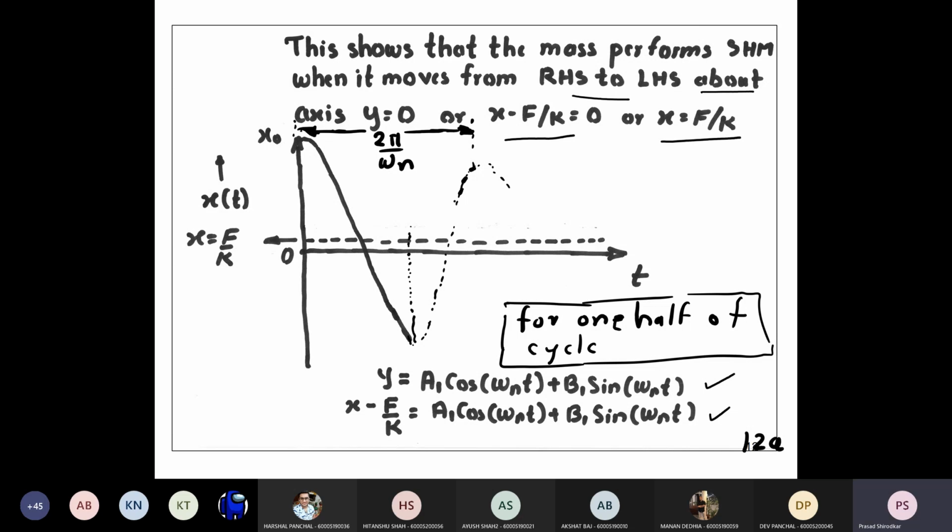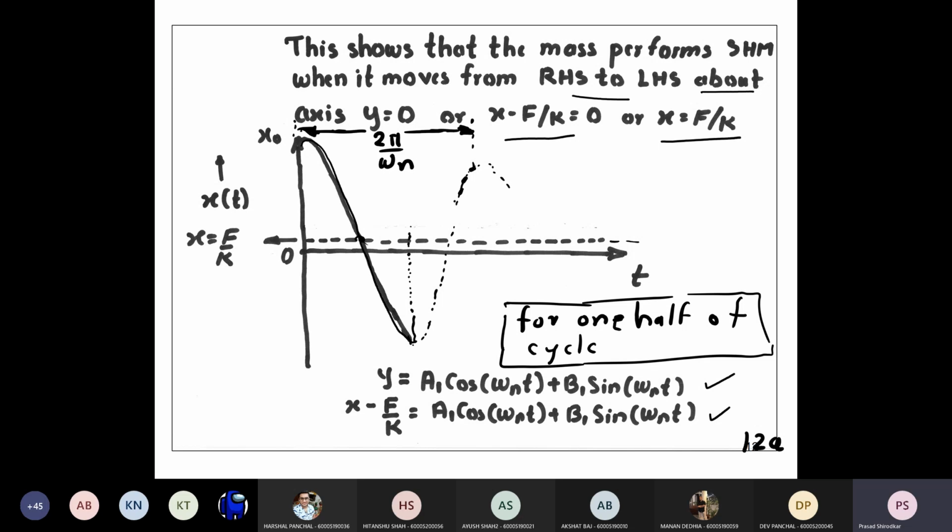But due to the presence of friction, for one half of the cycle, the axis has now shifted to x equal to F by k. So about this dotted line, this one half of the cycle is performing simple harmonic motion. It means this part and this part are equal. Got it?